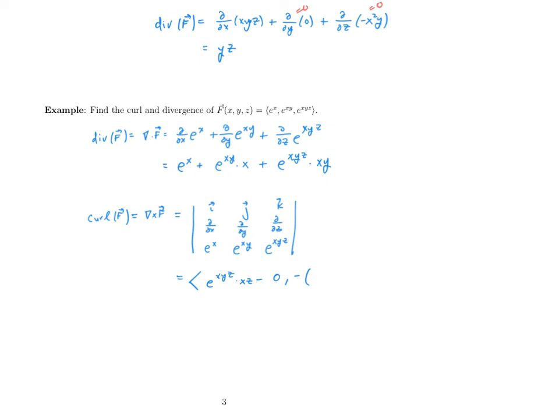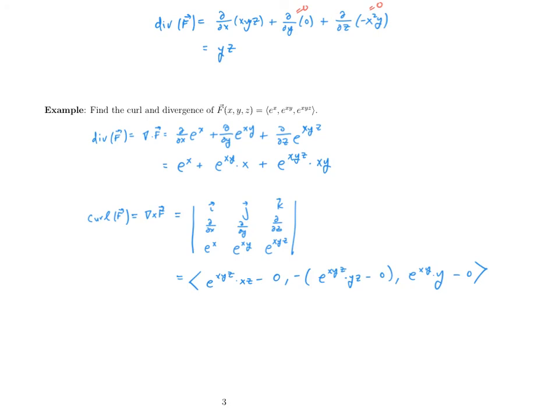We cover up the row and the column of that j entry. So we have the partial with respect to x of e raised to the xyz, subtracting away the partial with respect to z of e to the x. So in this case, that would give us e to the xyz times yz minus 0. And then similarly for the k entry, we would have e to the xy times y minus 0.